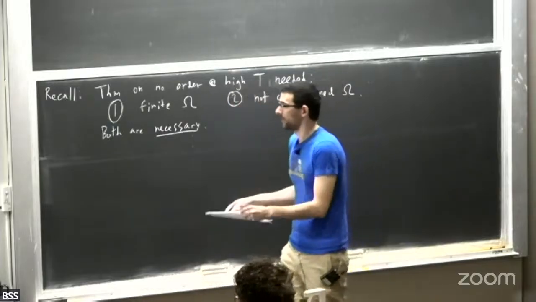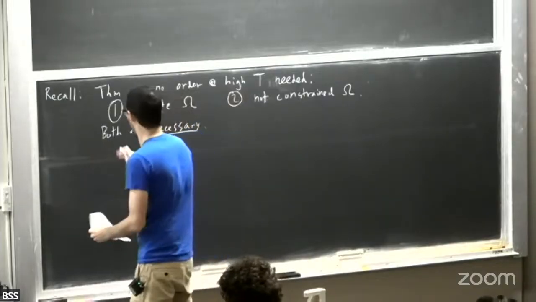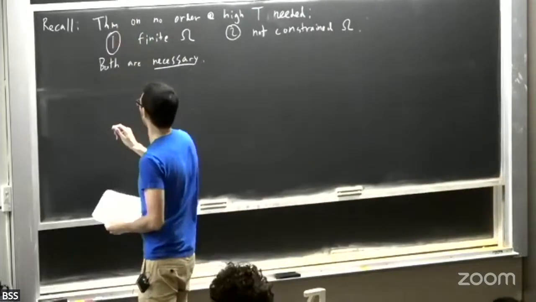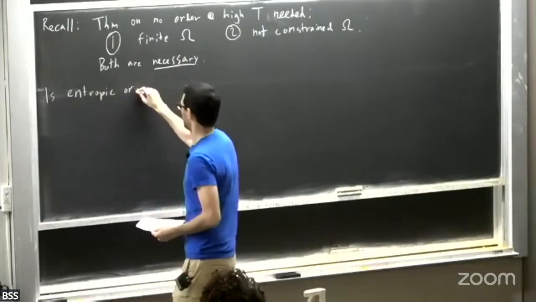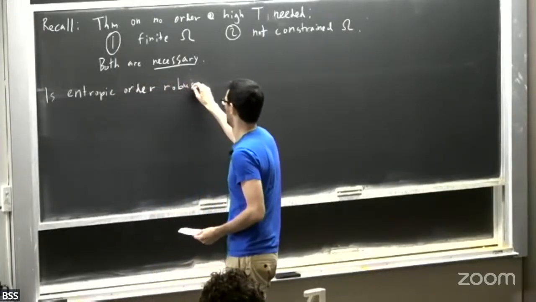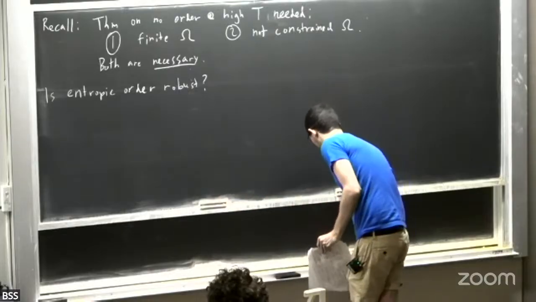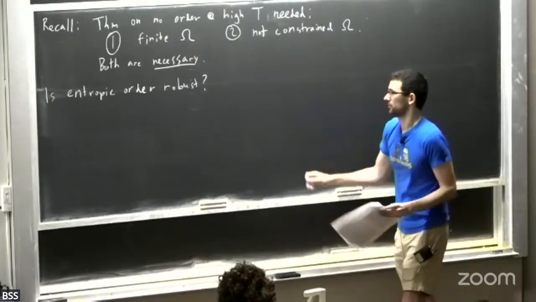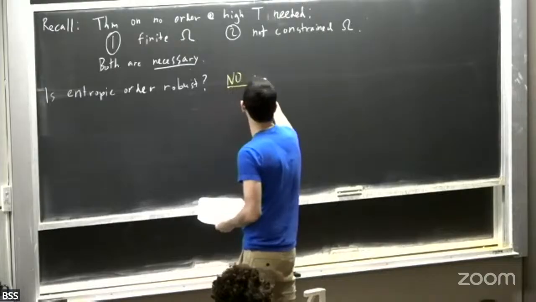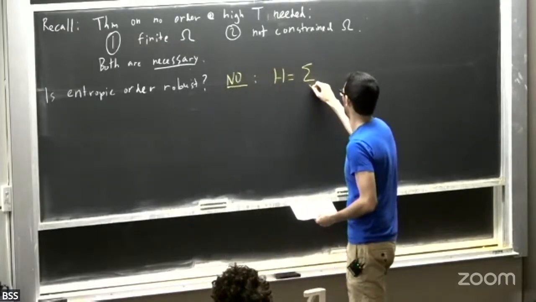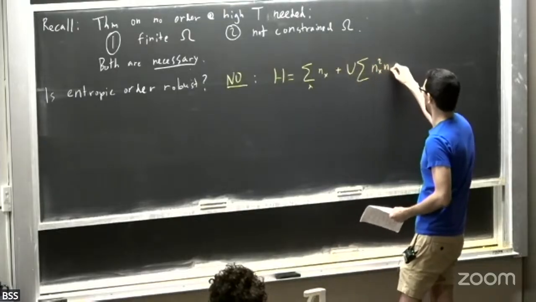The last point I want to make about this model, I said it yesterday, so let me be very brief. We can ask the question, is entropic order a robust phenomenon? And I think that in the most honest sense, the answer is no, because we can take our Hamiltonian and just modify it in some very simple way.